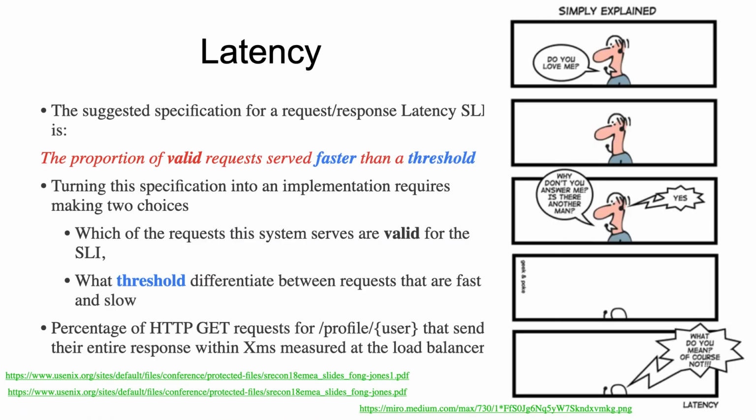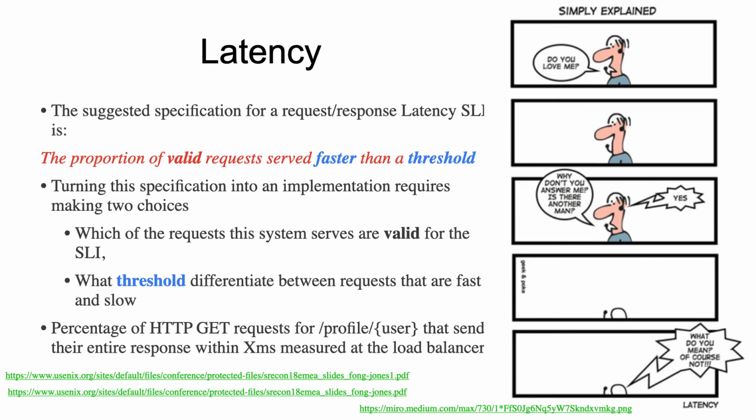What about latency? The suggested specification for a request response latency SLI is the proportion of valid requests served faster than a threshold. Turning this specification into an implementation means deciding which requests are valid and what threshold differentiates between requests that are fast and slow.